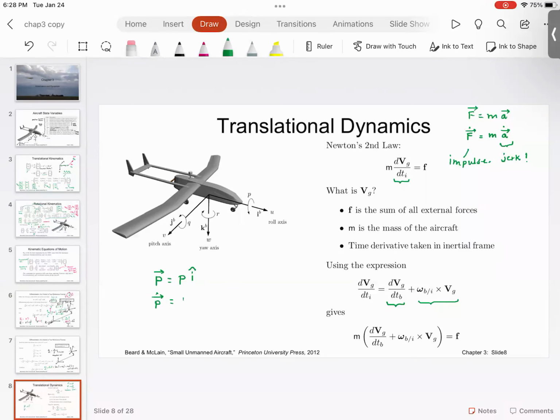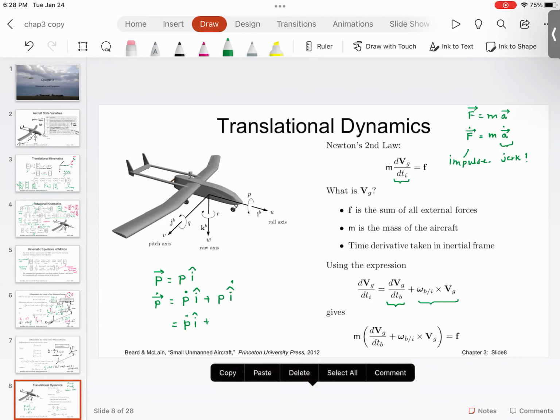This is going to be P dot I plus P I dot, which is P dot I plus P I dot, and I dot is nothing but, since I'm taking the magnitude outside, P here, omega cross I. Are you with me so far?